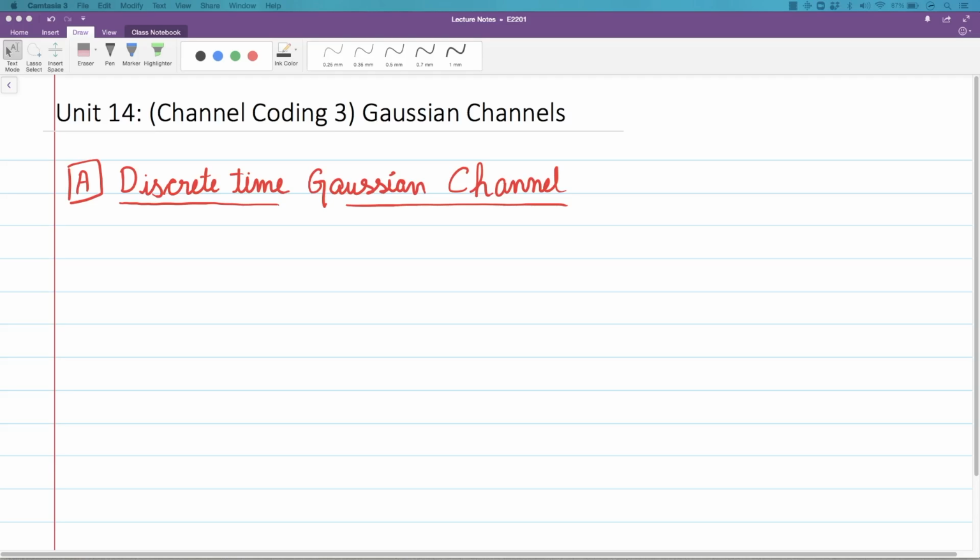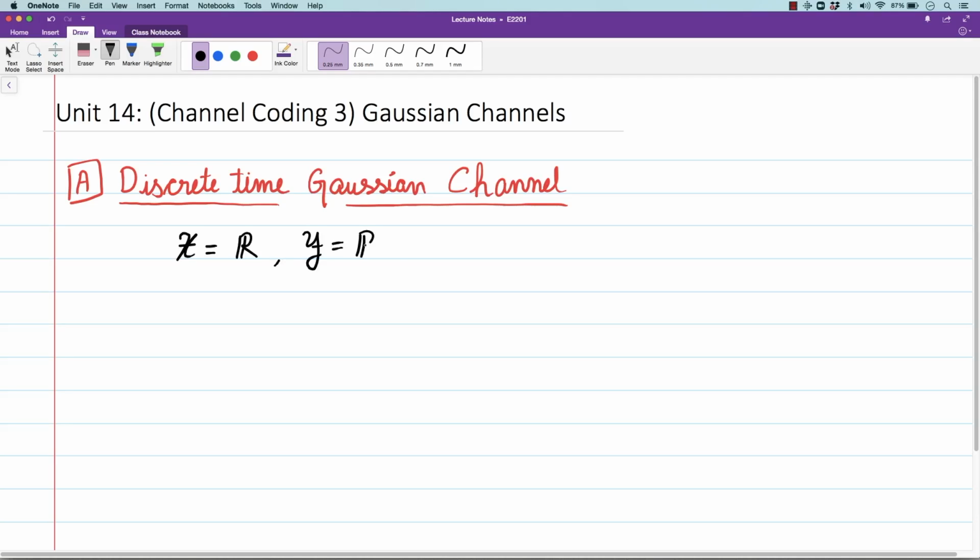So we will start with what is called the discrete time Gaussian channel. In this channel, the input alphabet X is the real line, and the output alphabet Y is also the real line. When you send X, you receive X plus some noise Z, which is zero mean and has variance sigma square.